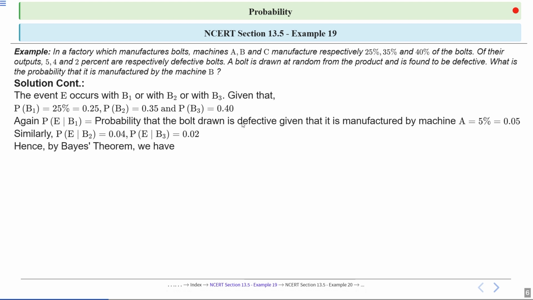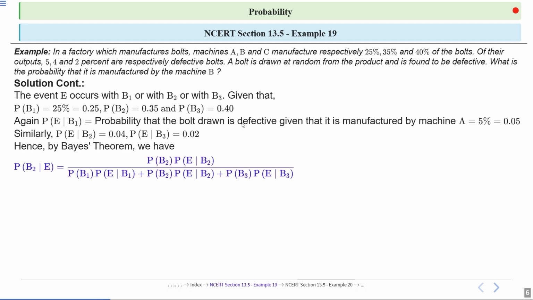Hence, by Bayes theorem, we have probability of B2 given E equals probability of B2 times probability of E given B2, divided by probability of B1 times probability of E given B1, plus probability of B2 times probability of E given B2, plus probability of B3 times probability of E given B3.